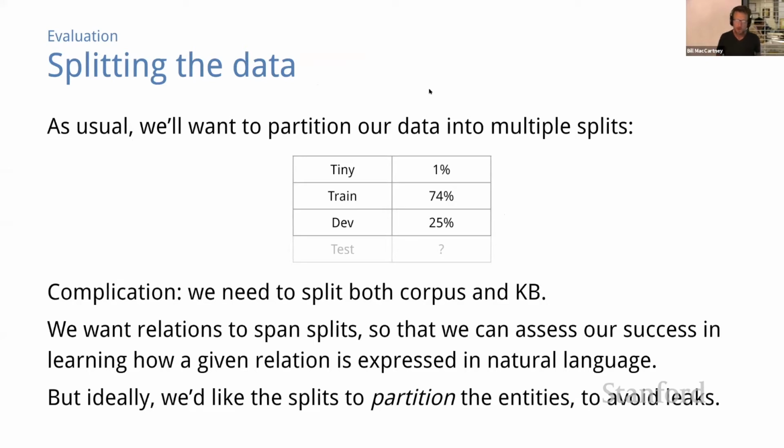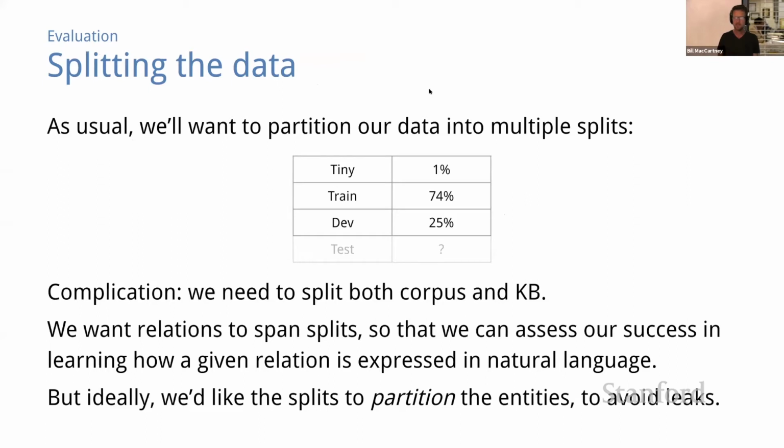Now, whenever we build a model from data, it's good practice to partition the data into multiple splits. Minimally, a training split and a test split. Actually, here we'll go a bit further and we'll define multiple splits. First, we'll have a tiny split with just 1% of the data.